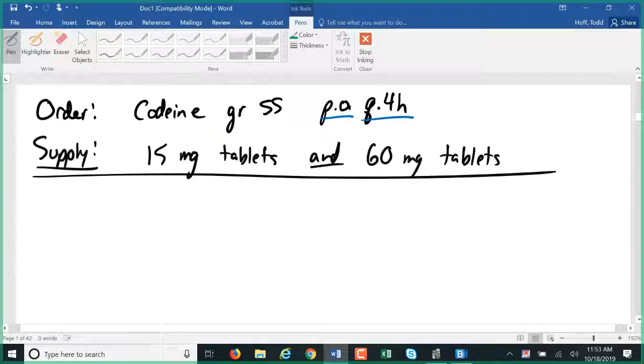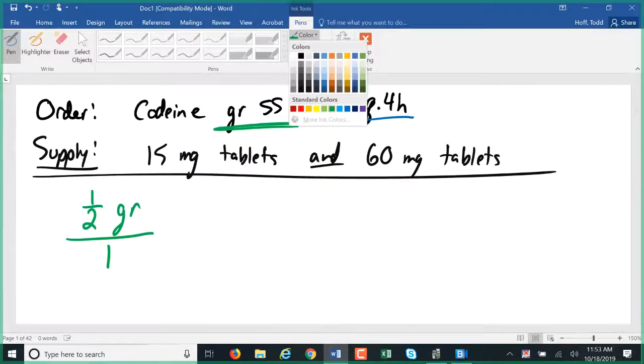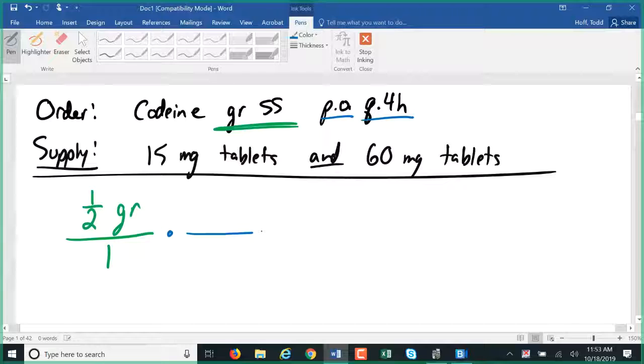So I'm going to start out with the doctor's order. GR SS. What does that mean? SS means 1/2. GR is grain. Got to start out getting rid of grain.